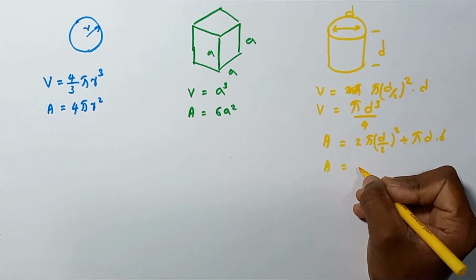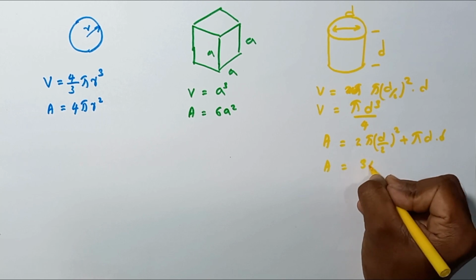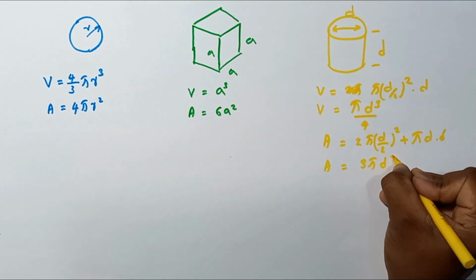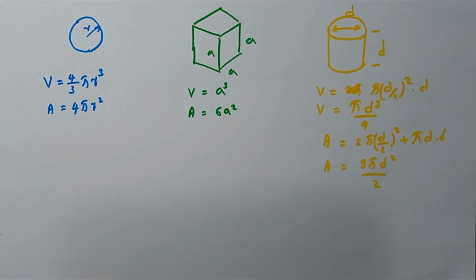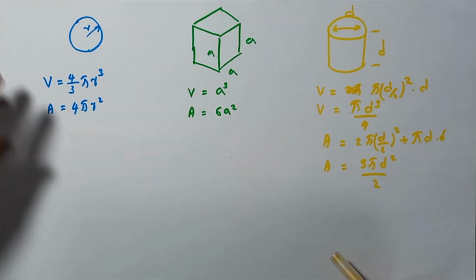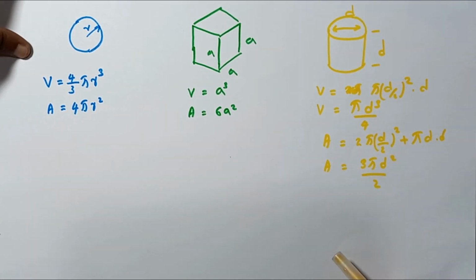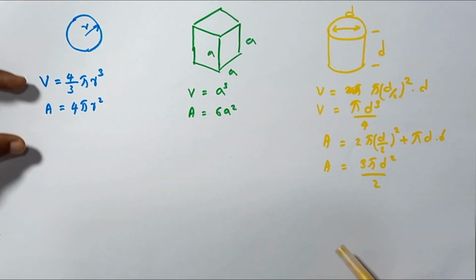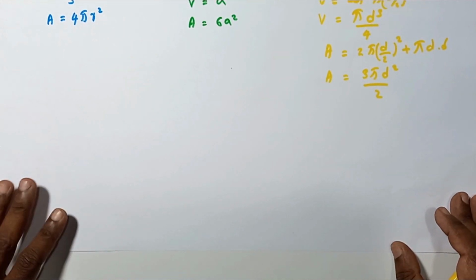Further we can simplify this: it is equal to 3πd squared divided by 2. This is the volume and the surface area, so now I am going to apply the rule for each and every casting.